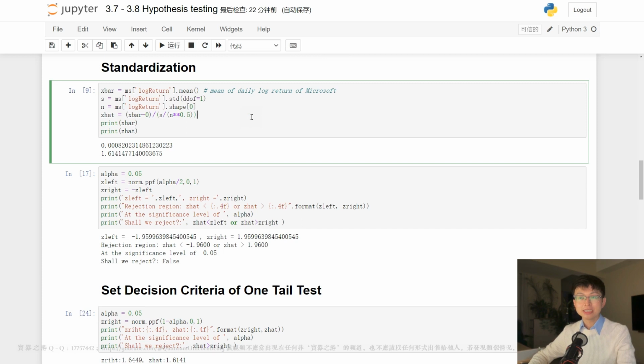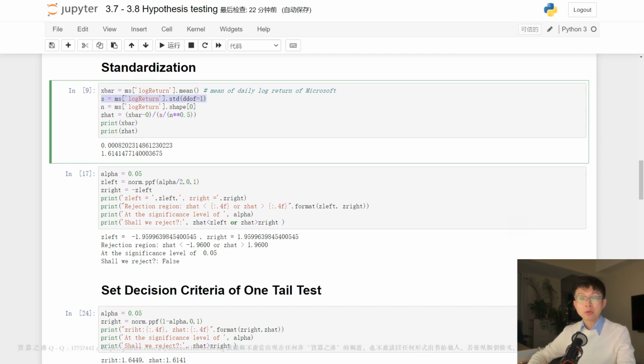To measure the magnitude of the difference, we also need to consider the standard deviation of the sample, because the magnitude of the difference is usually larger for samples with a larger standard deviation. Therefore, standardization is necessary.